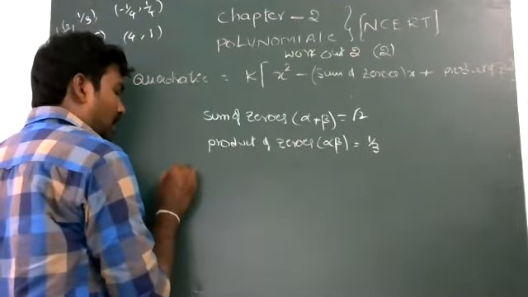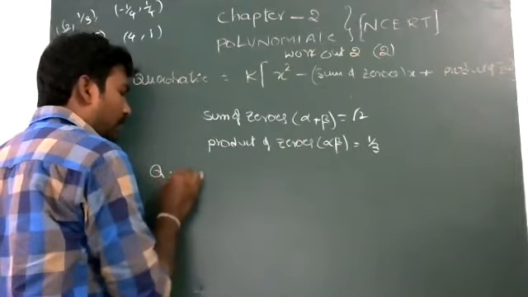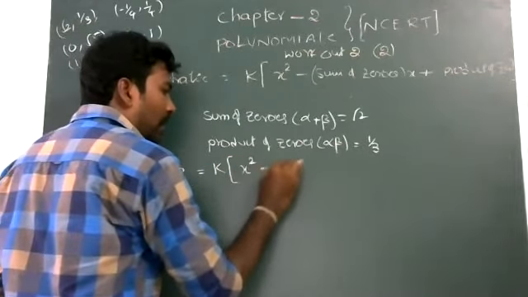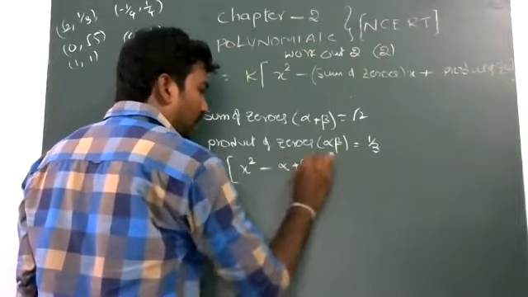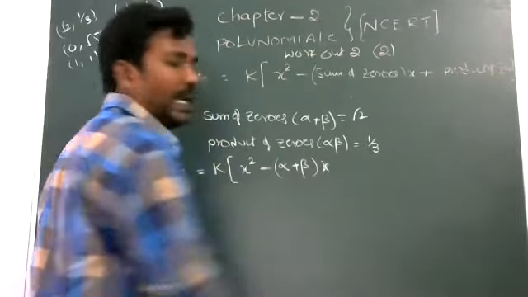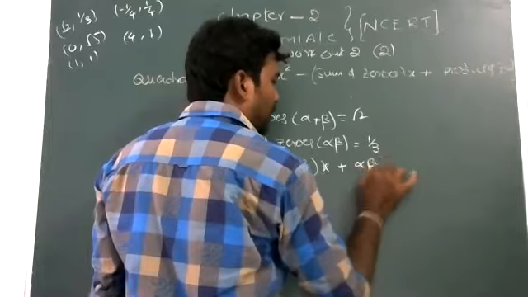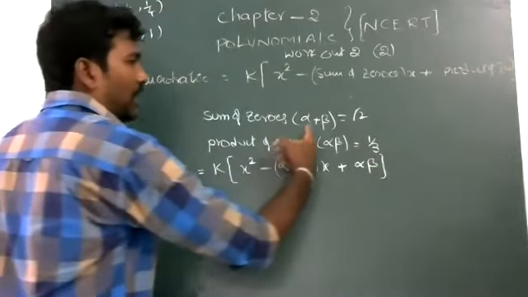So now the quadratic polynomial equals k into (x square minus (alpha plus beta), nothing but the sum of roots, into x plus the product of roots, alpha beta). Here we already know alpha plus beta.